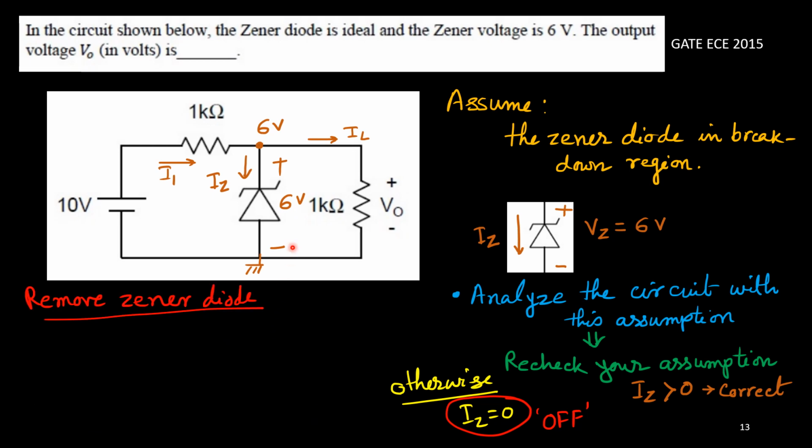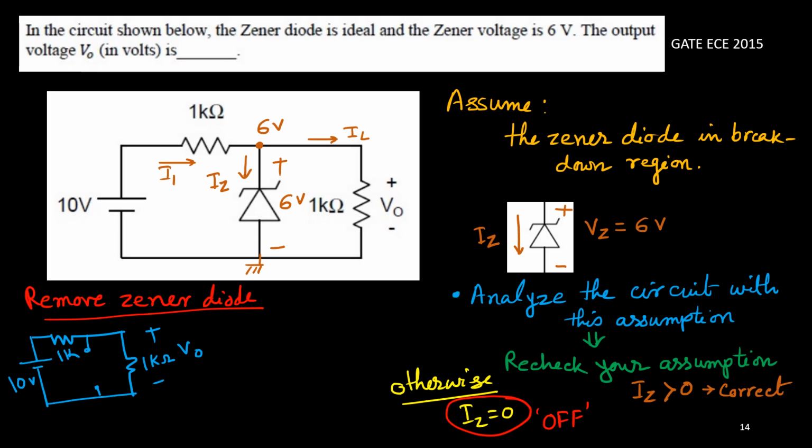As the current is 0 through the diode, we can simply remove the diode from the circuit, because we need to find out the output potential. Then we get only the 10 volt source, 1K, and this 1K load. No current is flowing through the diode. Now this is a very simple potential divider circuit, 1 kilo ohm, 1 kilo ohm.